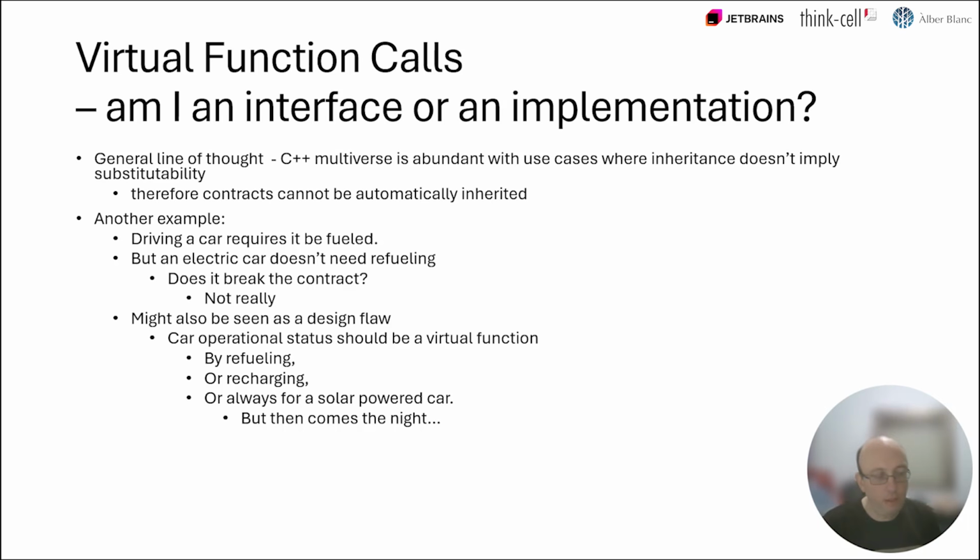You should have a kind of car operation status, which says nothing about fuel and is different between normal cars and electric cars. The first one would have refueling, the second one would have recharging. There's also a car that could be solar powered, and it's always okay to drive it. But wait, is it? What about what happens at night? So yeah, it's complicated.